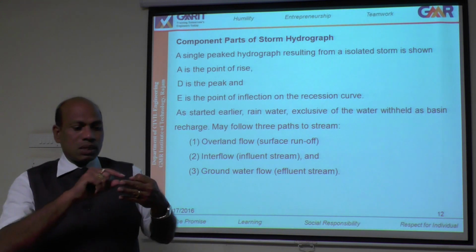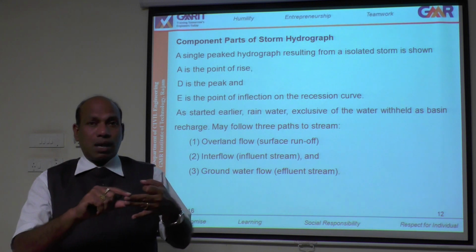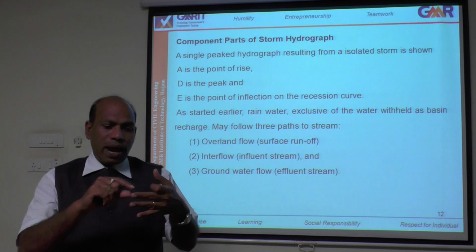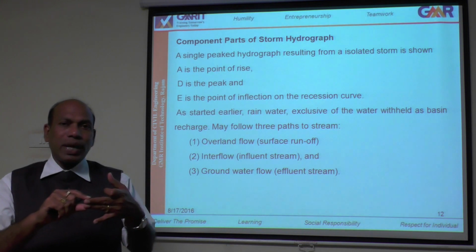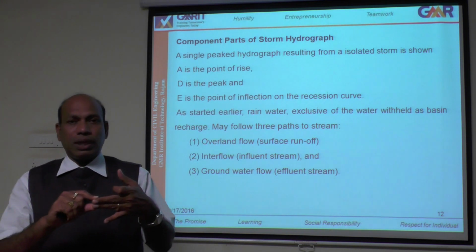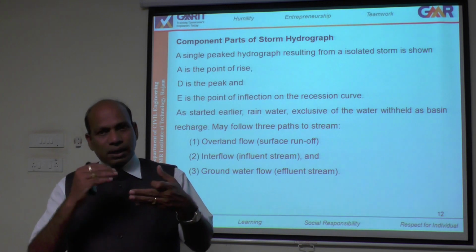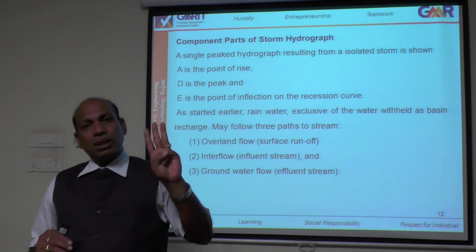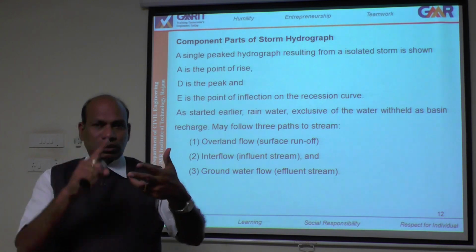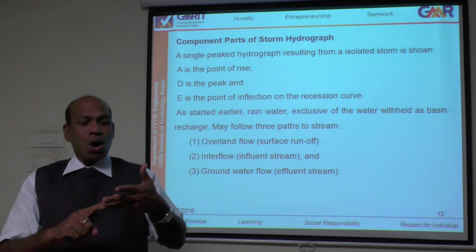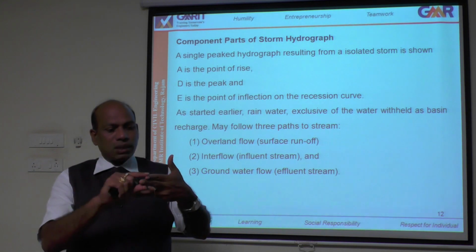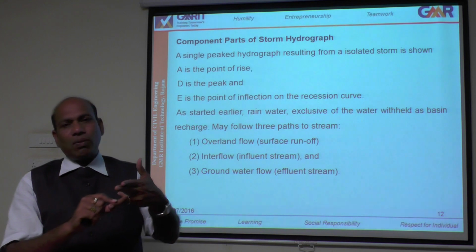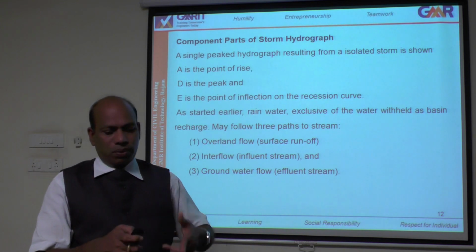Surface runoff and subsurface runoff, that is land flow and interflow, combined together are known as direct runoff. The other one is the groundwater flow. Earlier we discussed three types: surface, subsurface and groundwater flow. Now surface and subsurface together are treated as direct runoff, and the remaining one is the groundwater flow.